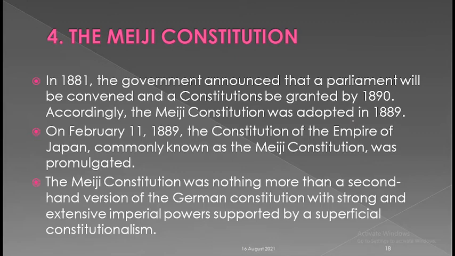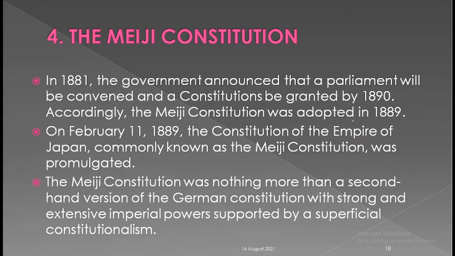Now let's remember that during this period, since the Meiji Restoration, there have been protests from the people that power should be delegated to the people, or there has to be democratization of government authority.